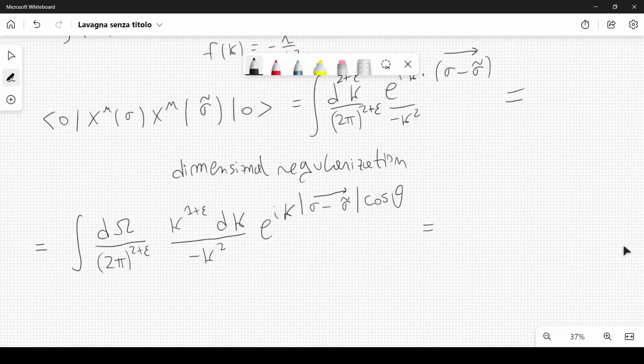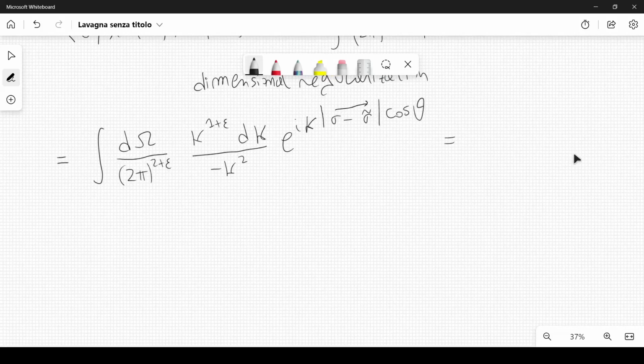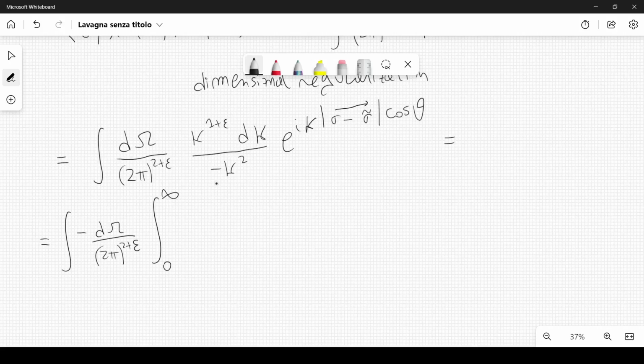This is, in any case, equal to, we can write it as, the integral over minus d omega divided by 2 pi to the 2 plus epsilon. Then we have another integral over this decay from 0 to infinity, because it's a magnitude, so we can integrate it from 0 to infinity, k to the minus 1 plus epsilon.